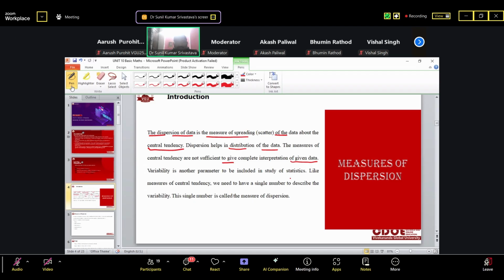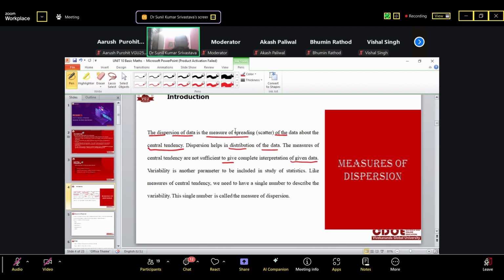This single number is known as the measure of dispersion. It describes the spreading of the data about the central tendency, that is, about the mean, the median, or the mode also.